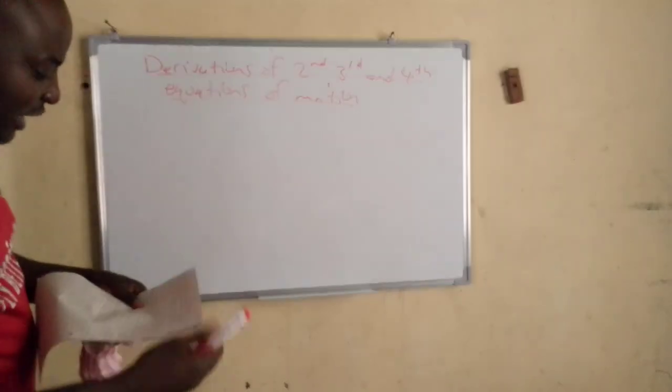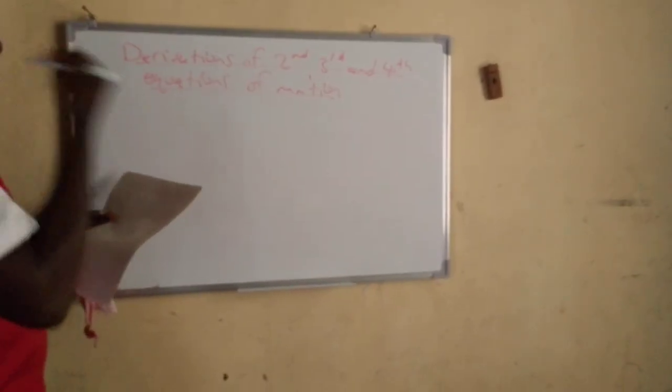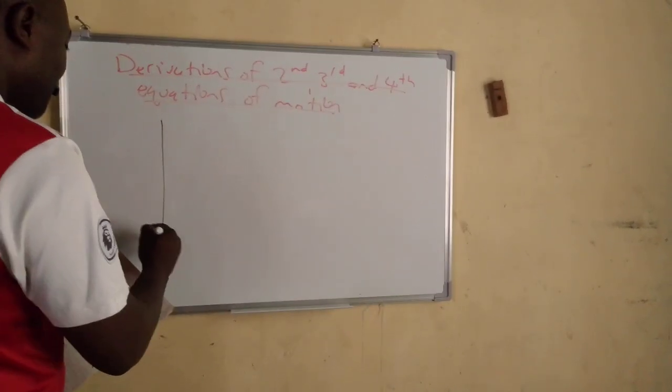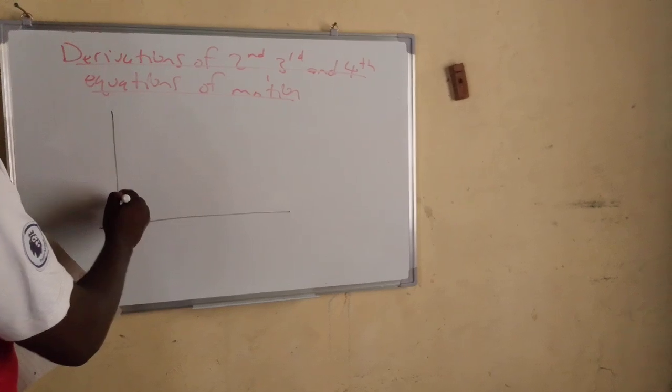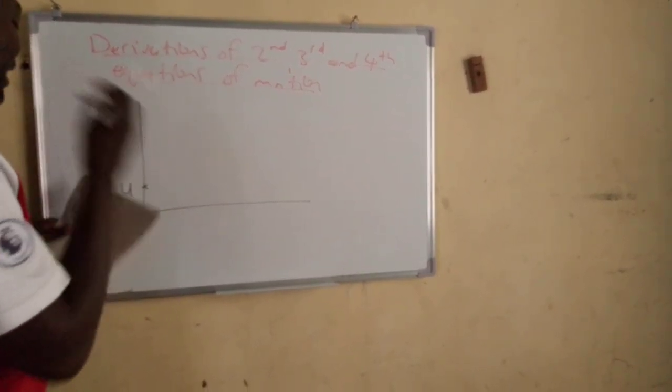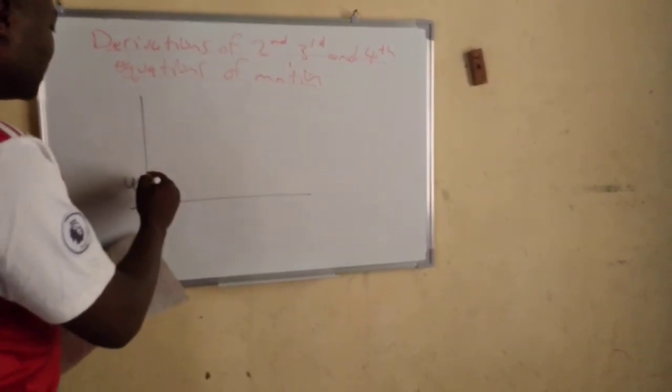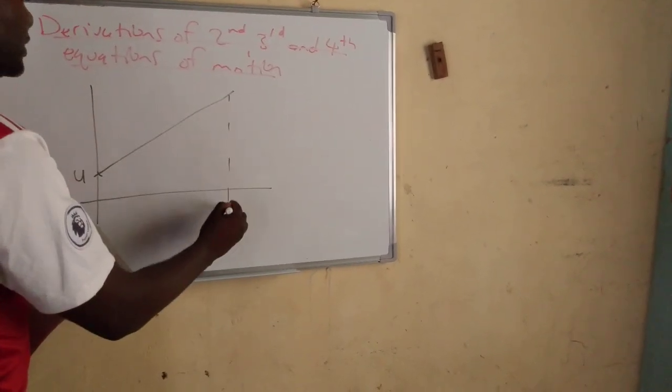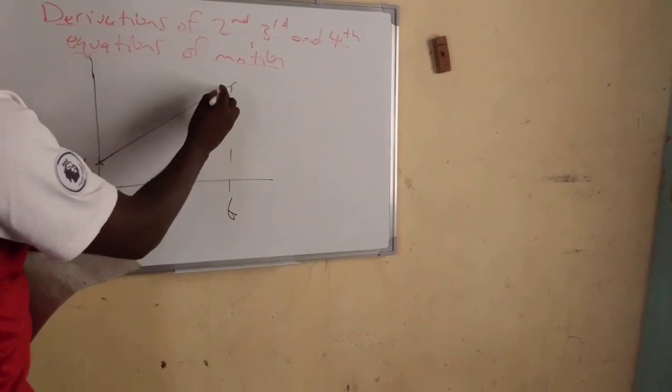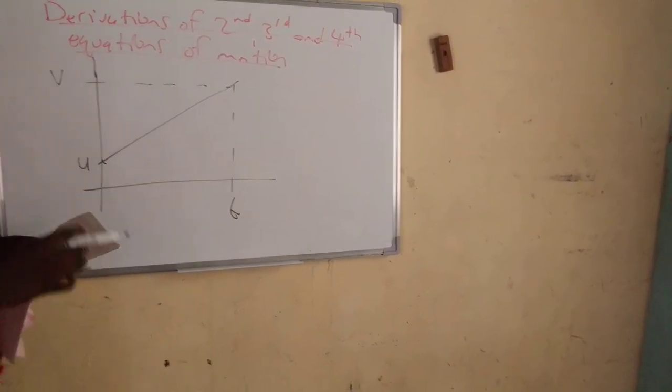Our derivations are based on the following approach. An object with an initial velocity u accelerates uniformly over time t to reach a final speed v.